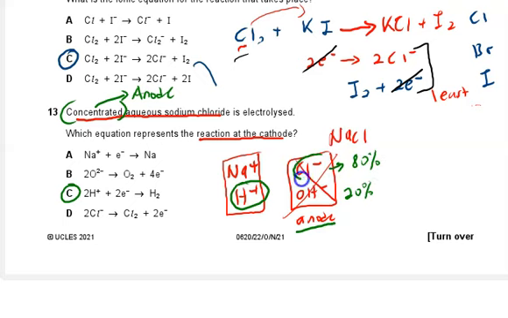So the chances of chlorine to be discharged will be much higher. Okay, so I hope you understand this. For electrolysis, you can watch my video on my channel that is specific to electrolysis, so you can have a look. Okay, now we move on with question number 14.